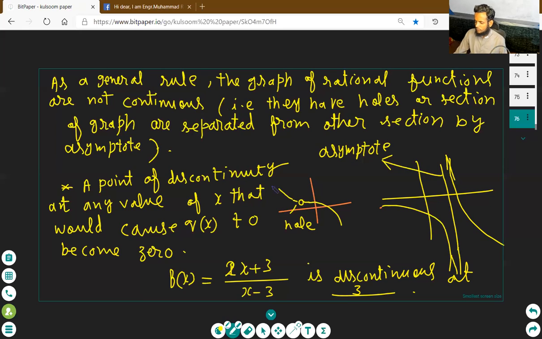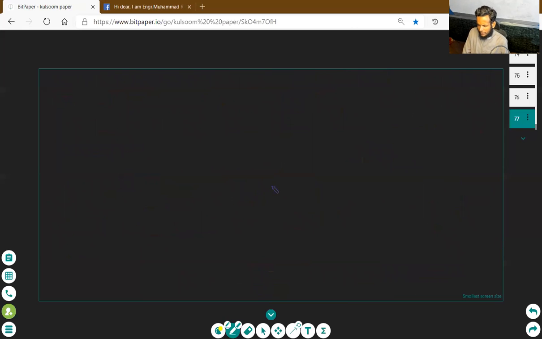Now, there are tips, okay? First, you know the definition of a continuous function. Any function, we can check whether it is continuous or not continuous, okay? Continuous function.